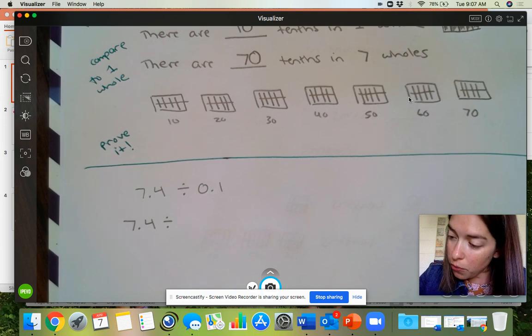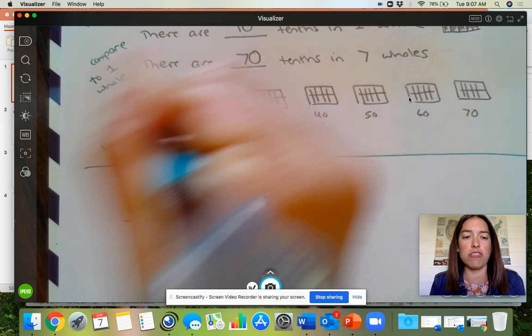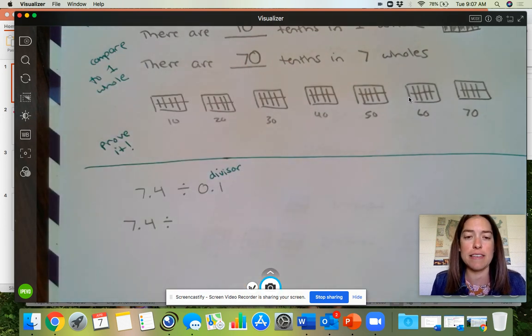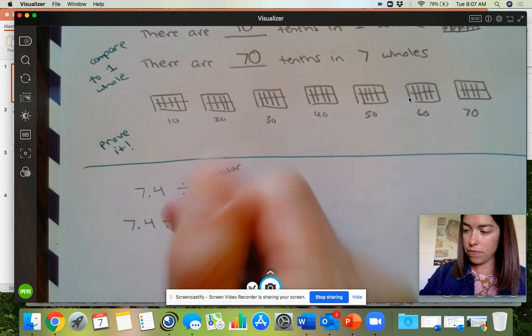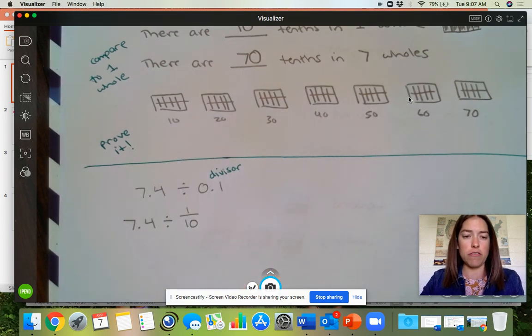If I forget that word, I can just label that the number we're dividing by is our divisor. I'm going to rewrite this as a fraction. All right, so when I say it, it pretty much tells me the fraction. 1/10. All right, 7 4/10 divided by 1/10, which I know is just asking how many tenths are in 7 4/10.